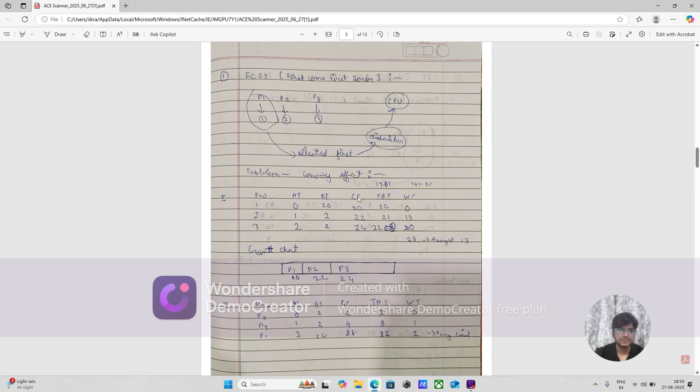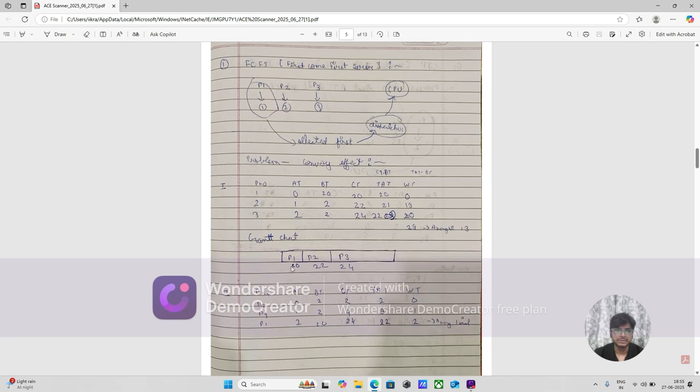First we have to calculate the Gantt chart. How much time will it take? P1 has come and its burst time is 20, so P1 takes 20 seconds.